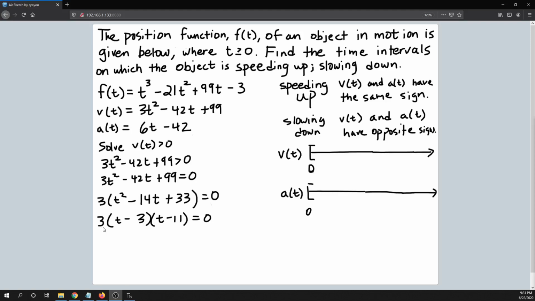So t minus 3 equals 0, and then t minus 11 equals 0. So I get t equals 3 and t equals 11.